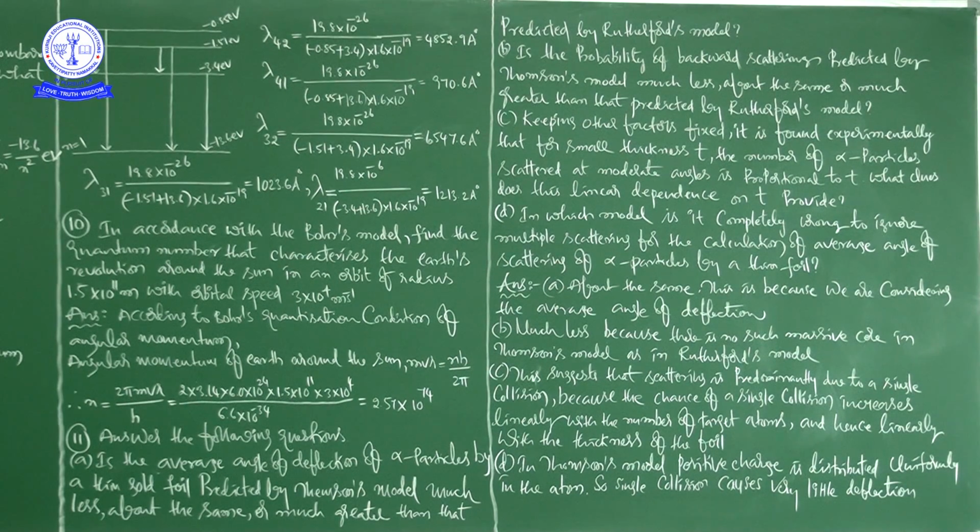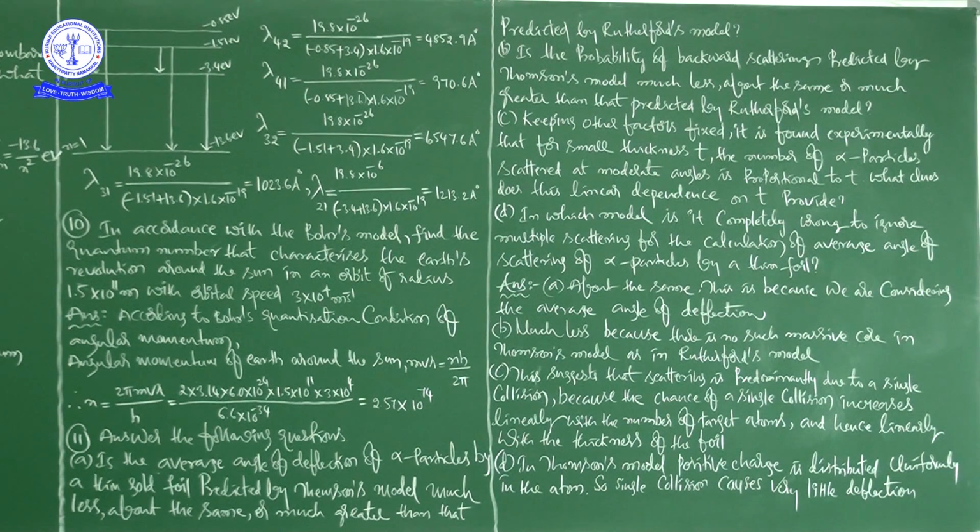The question is the average angle of deflection. You know that a gold foil is there, alpha particles are going to pass through the gold foil, some of the alpha particles will come back along the same path, some particles scatter less than 90 degrees, some greater than 90 degrees, and some particles go undeviated. You have to keep that situation in mind.